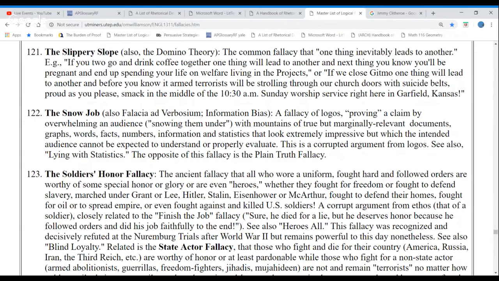But there are that many documents, graphs, words, facts, numbers, information, statistics, everything else, that people can't be expected to understand or properly evaluate it in the time they're there. So it puts people off because it also seems like a lot of hard work to do all that. So you should stick to just the basic facts, and then have all the other information in a folder to one side. If they ask anything, you've got it there to show. So that's the snow job.